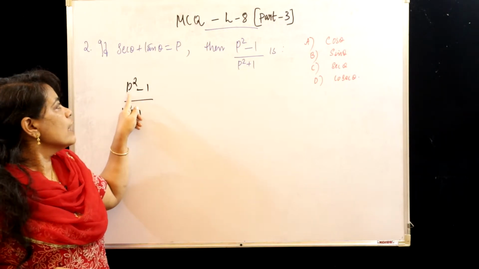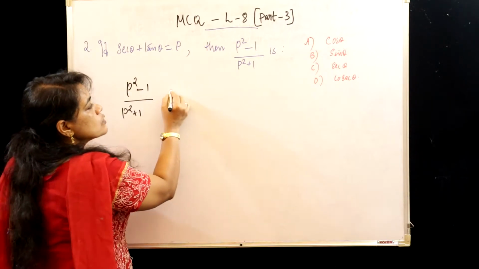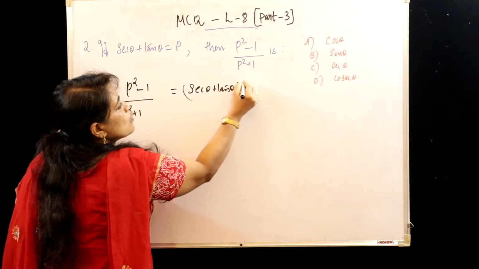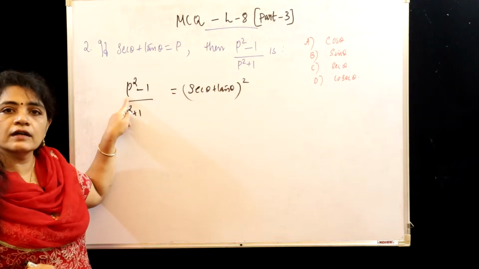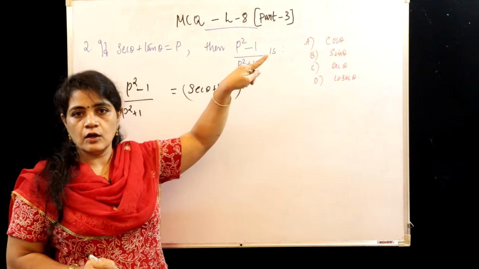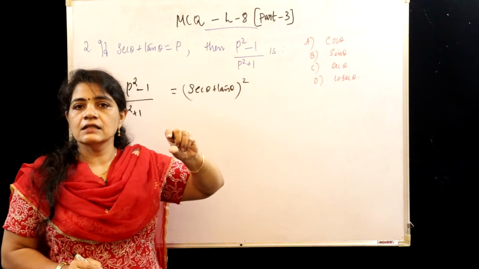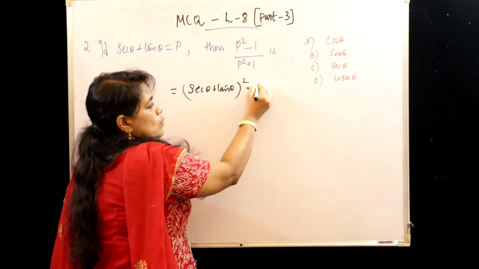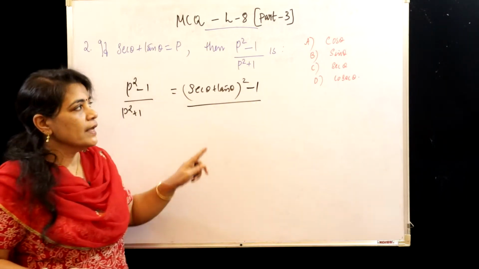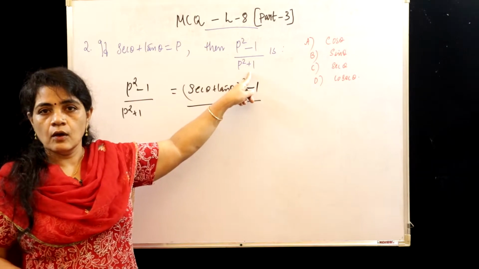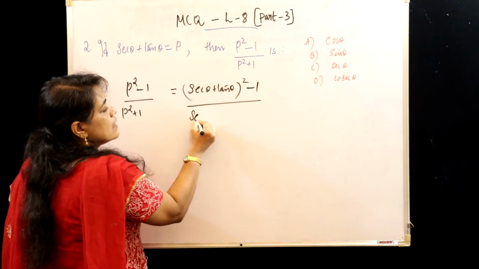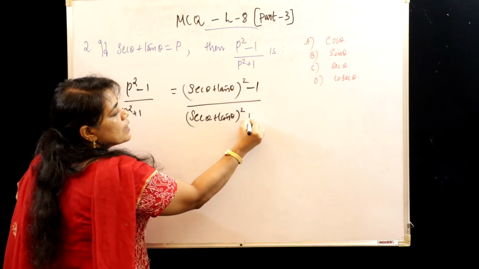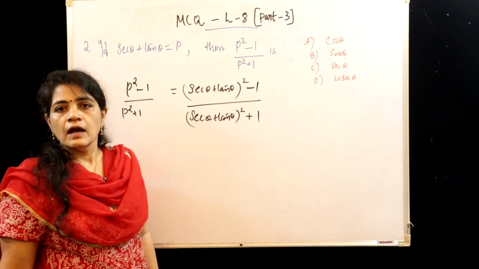For that, the value of p is given in terms of sec theta plus tan theta, whole square, because in the question itself it is p square. So (sec theta plus tan theta) whole square minus 1, divided by, and p square plus 1. Here sec theta plus tan theta is p, so p square plus 1. Understood?